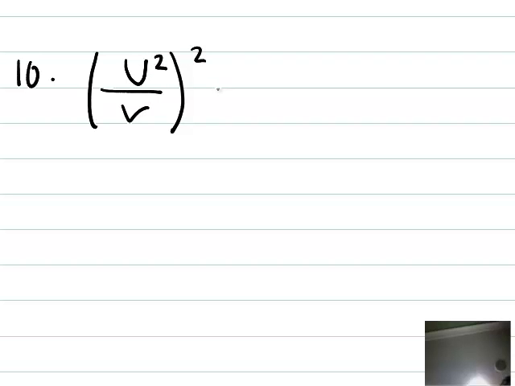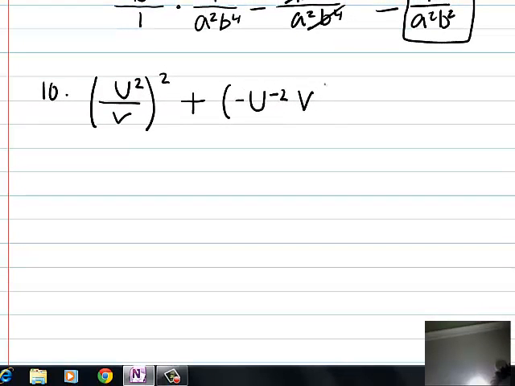Okay, that plus negative u to the negative 2, and then v to the negative 2, like that. Okay, so the first thing we are going to do is highlight our exponent on the outside like this, and then take that and distribute it to the inside.